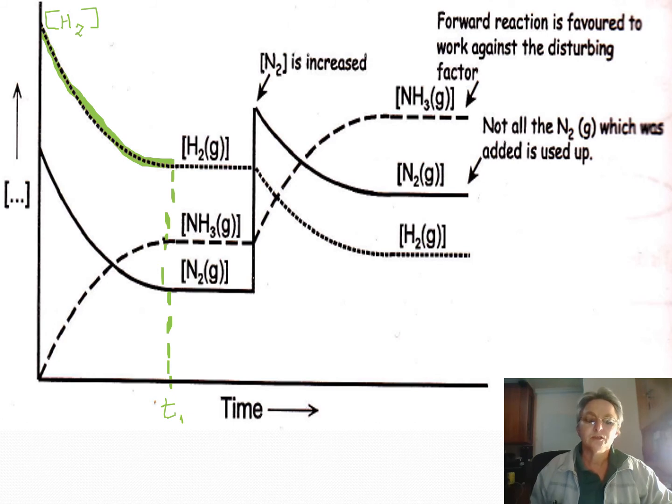Next, we need to look at the concentration of nitrogen. We started off with that concentration of nitrogen, and the concentration of nitrogen decreases as the forward reaction takes place up to a point T1. What did we start off with at T0? How much ammonia did we have? We had no ammonia in the reaction chamber.